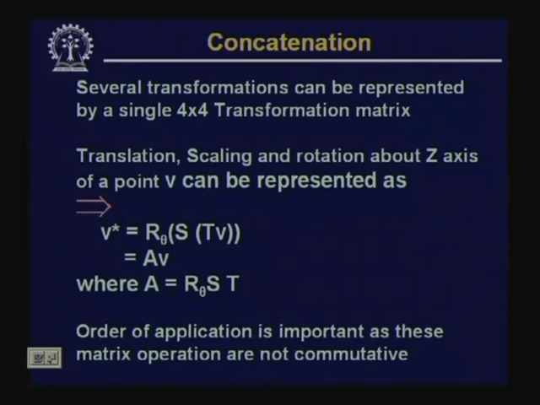Now, as we have also mentioned in case of 2 dimensions, different transformations can be concatenated. So, here we have shown how we can concatenate the different transformations. You find that all the transformations that we have considered in 3 dimensions are in the unified form.